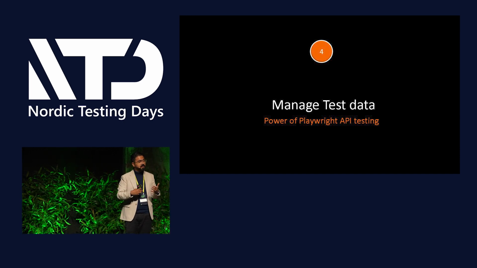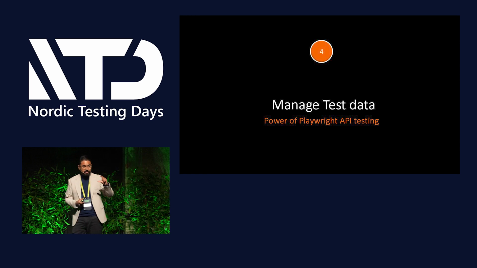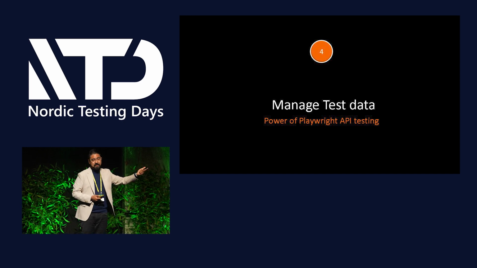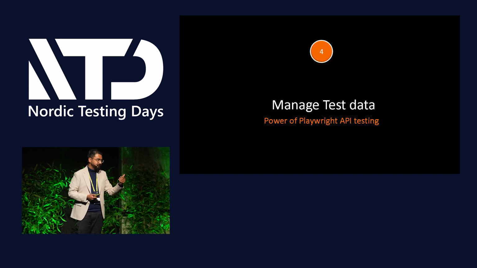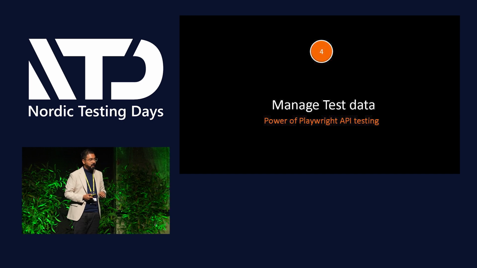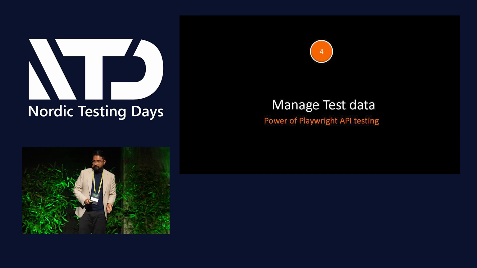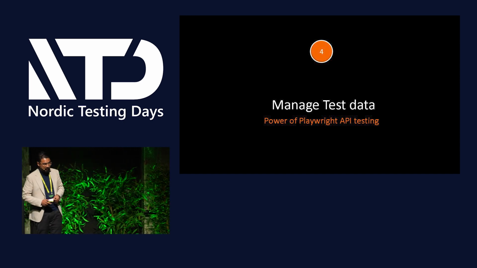And not a lot of data is already available when we are executing the test. So we make sure that we run some prerequisites which either creates the data or fetches the data on the fly using the APIs. And at the end, also use the APIs to delete the data. And that's where the power of Playwright API testing comes in handy.